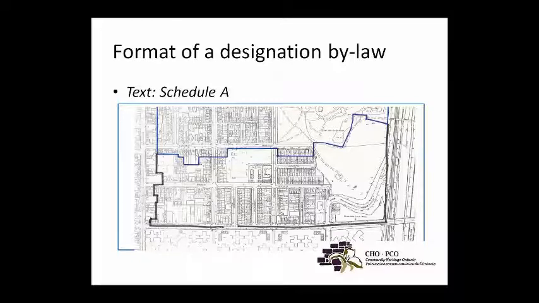And with the map that you see in this slide, that's the extent of a Heritage Conservation District designation bylaw. Pretty simple, but there's a lot of work and a lot of documentation in behind the bylaw that is not part of the bylaw.